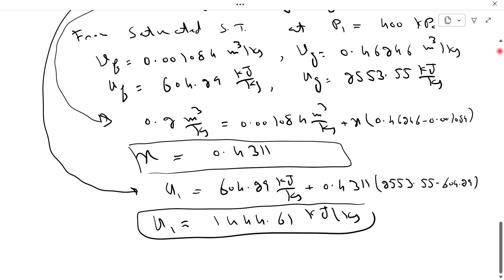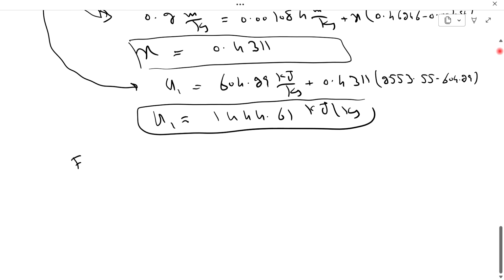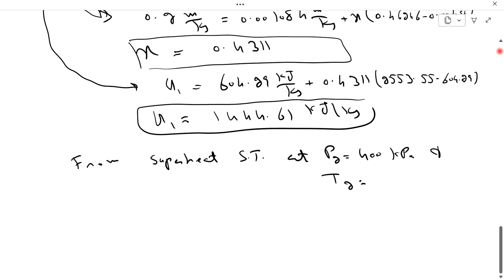Now to find U2, we use the superheated steam table because state 2 is in the superheated region. From the superheated steam table, at pressure equal to 400 kilopascal and temperature equal to 300 degrees centigrade, U2 is equal to 2804.81 kilojoule per kilogram.